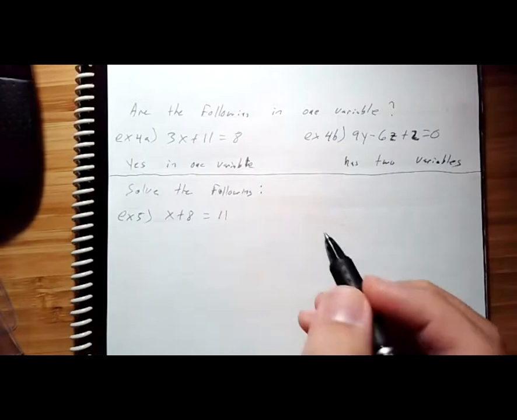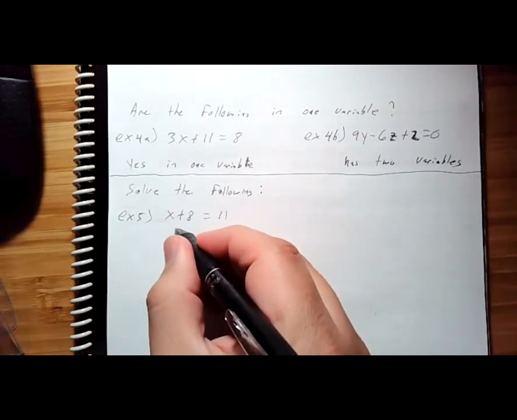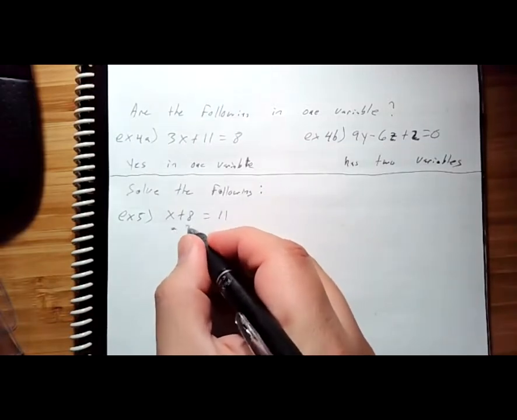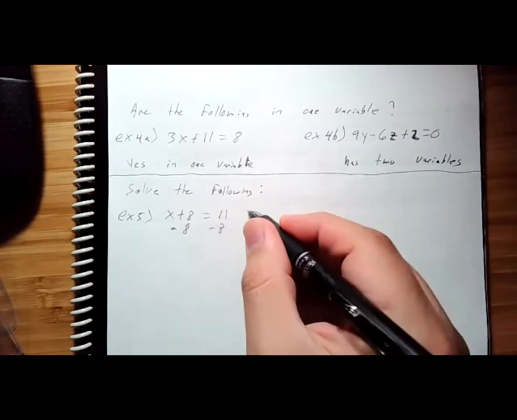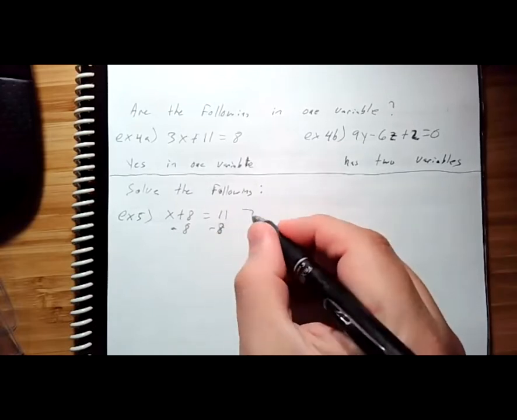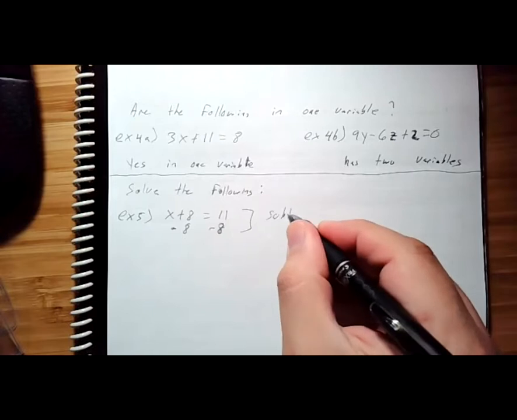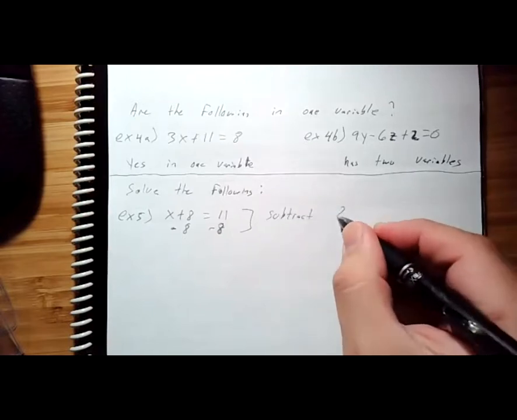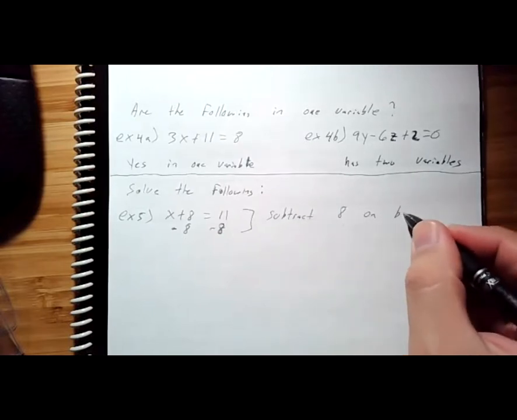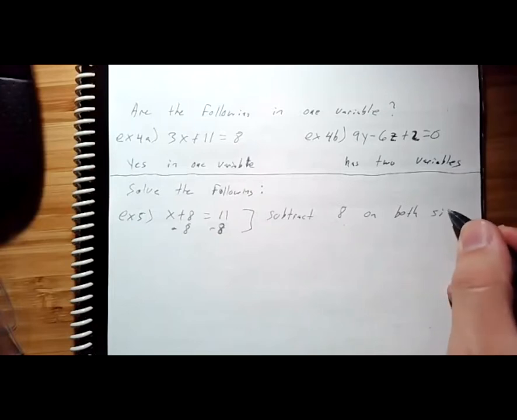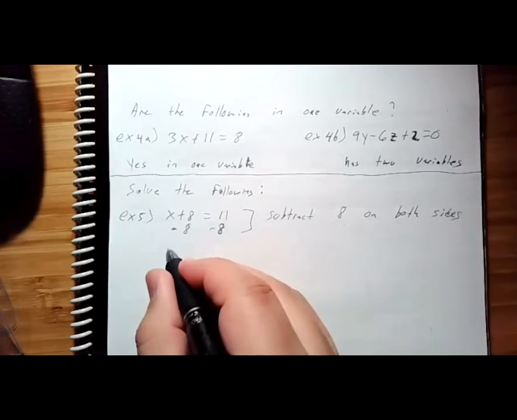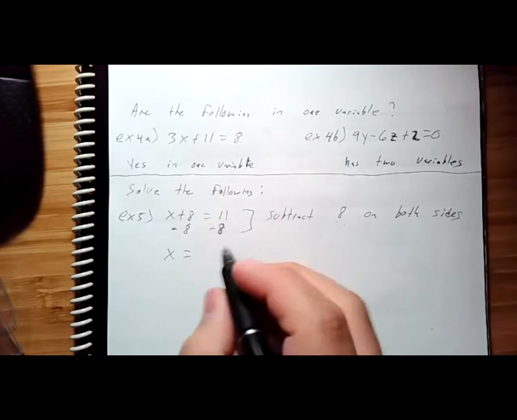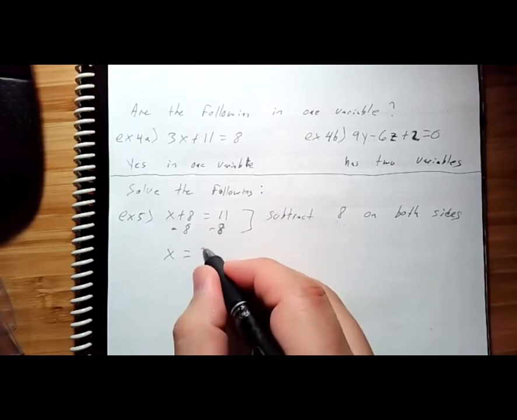There's a few ways to think about this. The legit way is minus 8, minus 8. So what you do is subtract 8 on both sides. So x is equal to 3.